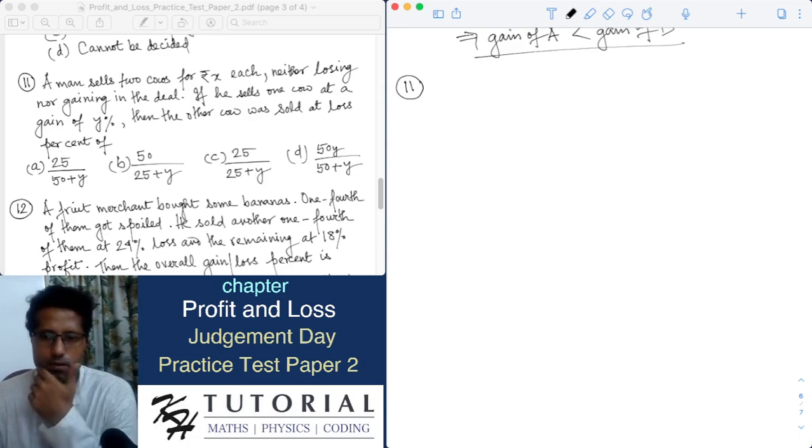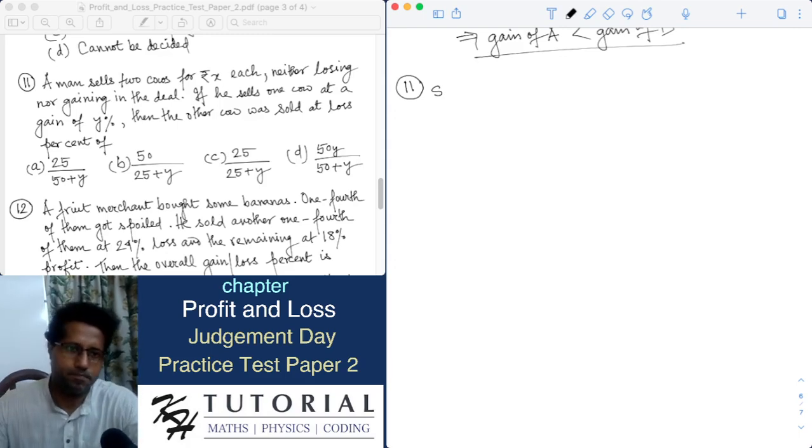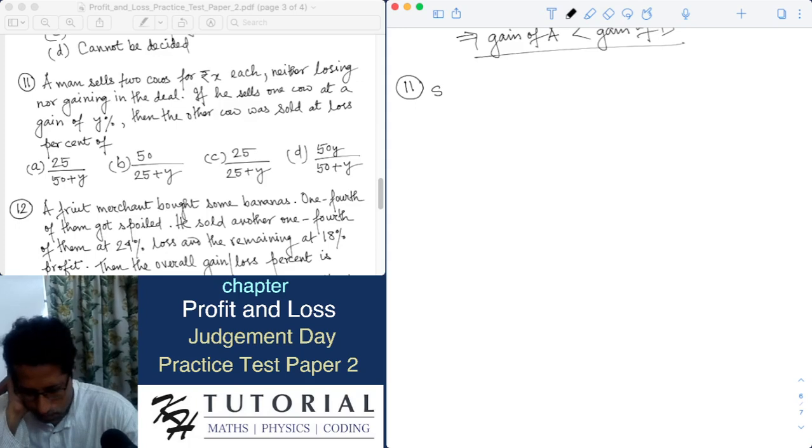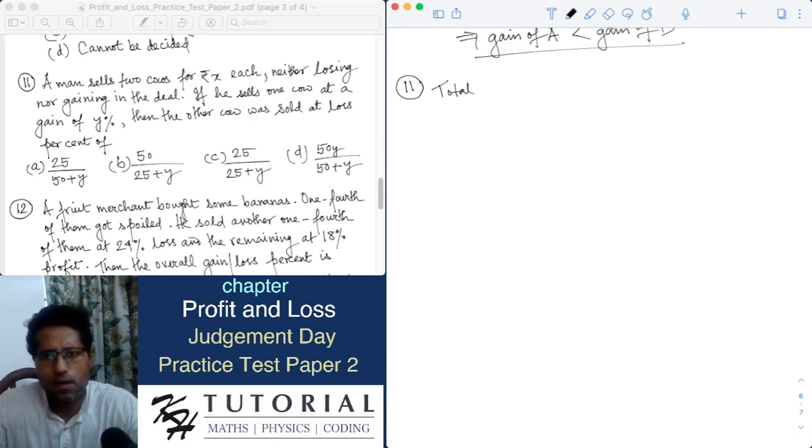A man sells 2 cows for rupees X each, so the total selling price of the two cows, ignoring the rupee symbol, is 2x.